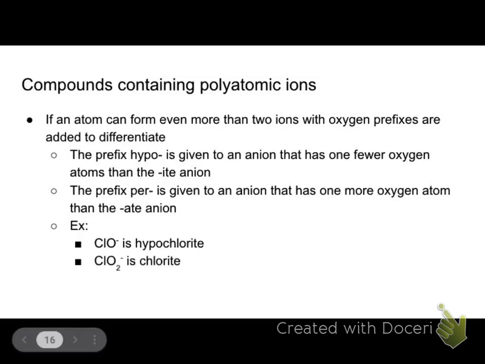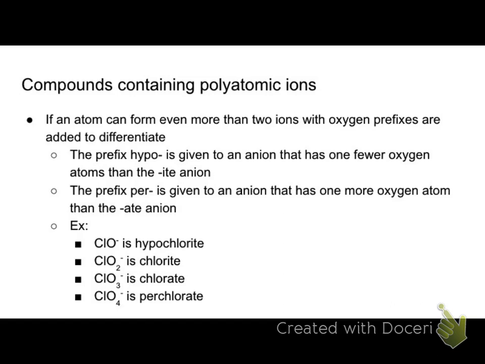ClO2- is just chlorite. ClO3- is chlorate, and ClO4- is perchlorate. So when you've got 4 like this, then you use those prefixes. If you only had 3, then you would do one or the other. So as you increase the number of oxygens, then you can change the names.